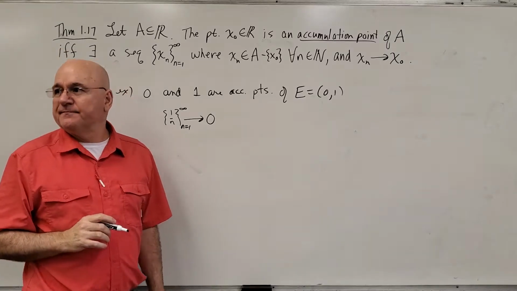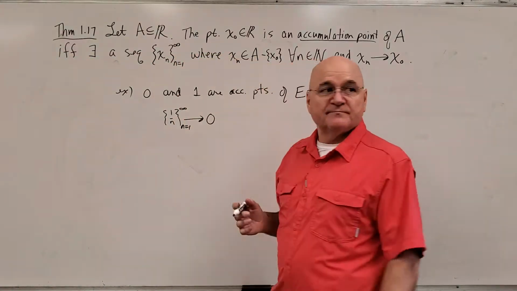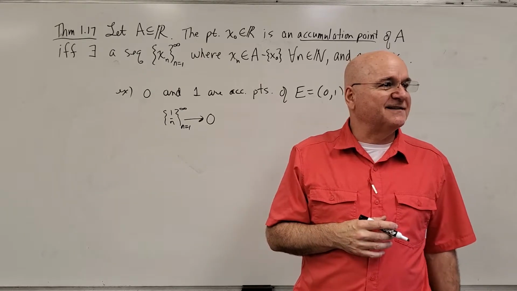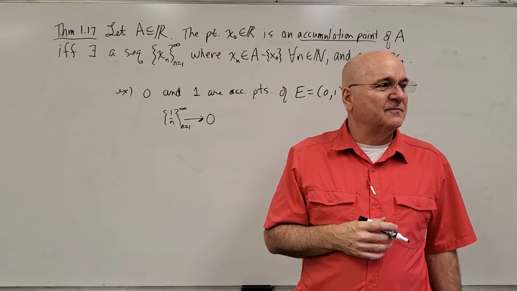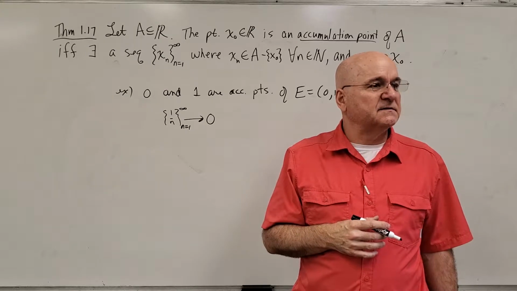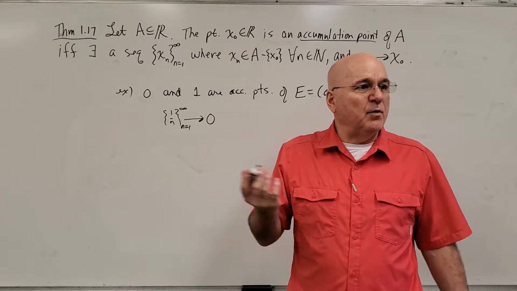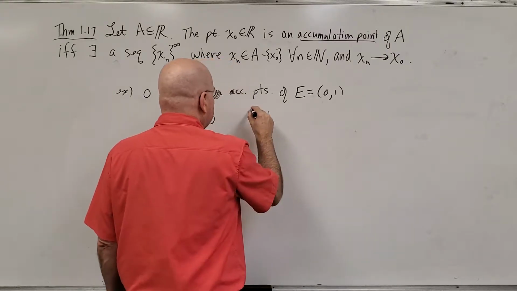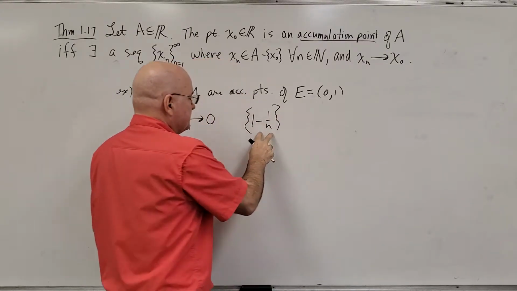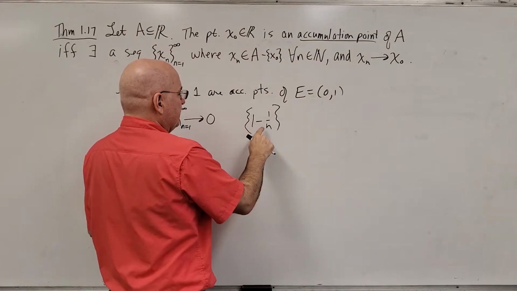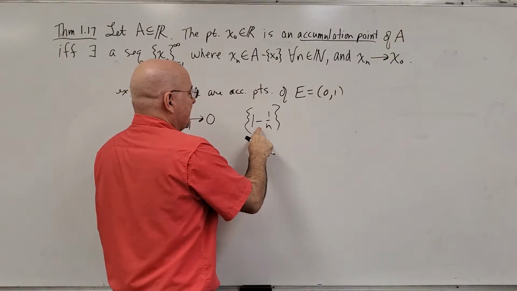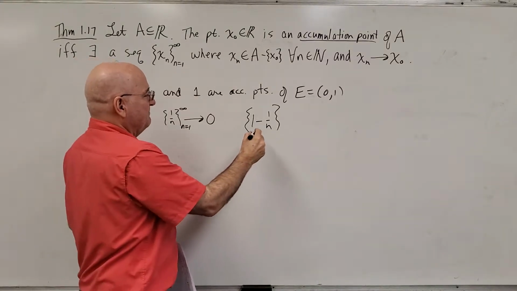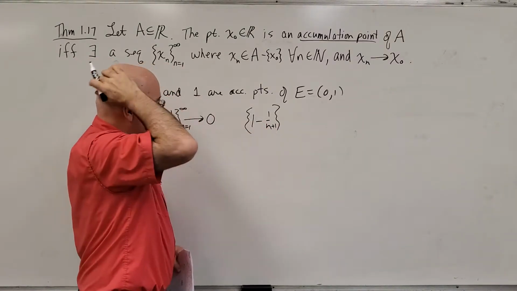Any idea? Say again? You were probably going to say the right thing. I was going to say 1 minus that. Yeah, 1 minus 1 over n. Actually, 0 is not in that.